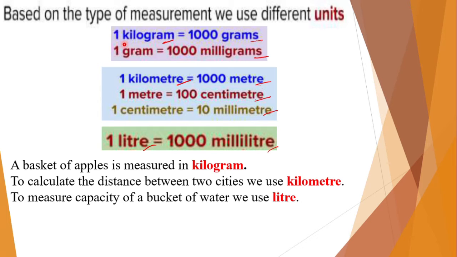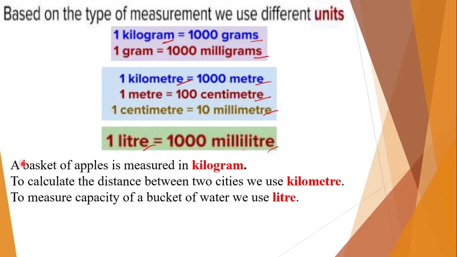And 1 kilogram is equal to 1000 grams, 1 gram is equal to 1000 milligrams, 1 kilometer is equal to 1000 meters, 1 meter is equal to 100 centimeters, 1 centimeter is equal to 10 millimeters, and 1 liter is equal to 1000 milliliters.